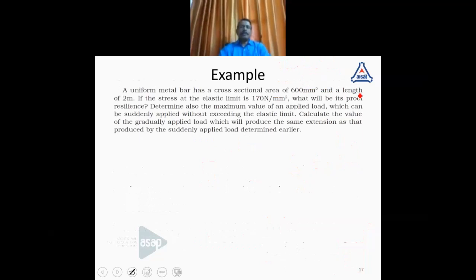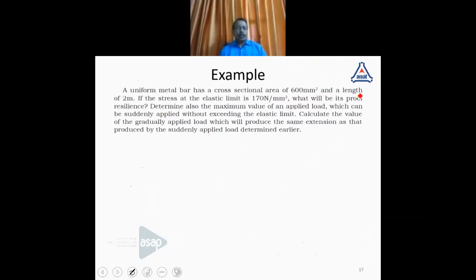Now we can take up an example, a problem. You can read this question. This is a typical problem which can be asked in the examination.